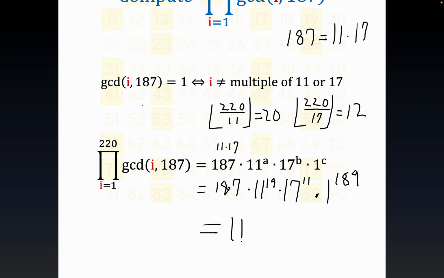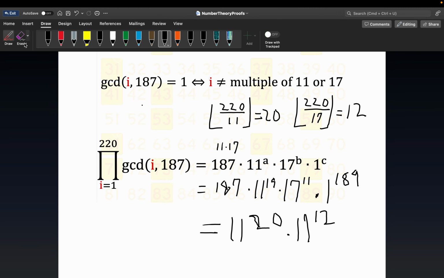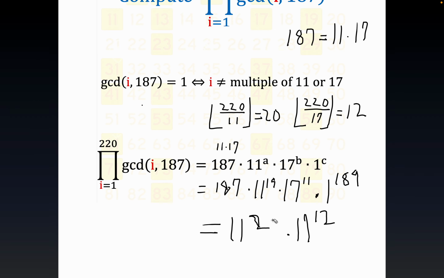11 to the 20th, and then 17 raised to the 12th power. Again, that's 11 to the 20th power. Let me erase that just for the sake of being professional.